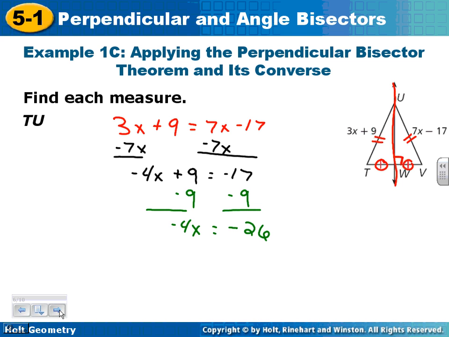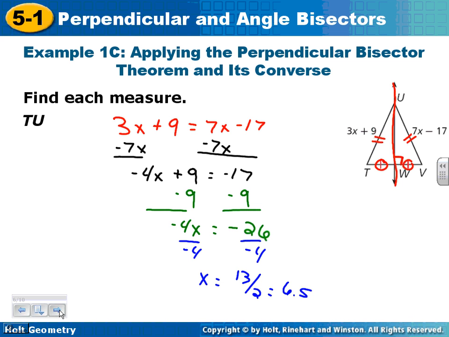Is my math here right? 17, yeah. Subtract 17. Divide by, just checking my math so I get a fraction here. When I divide by negative 4, x is going to be 13 halves, which is, what, 6.5, I guess.